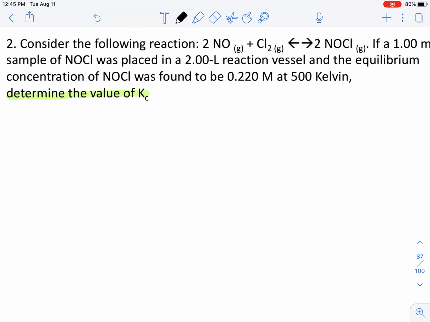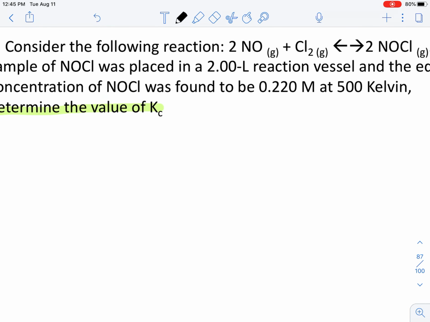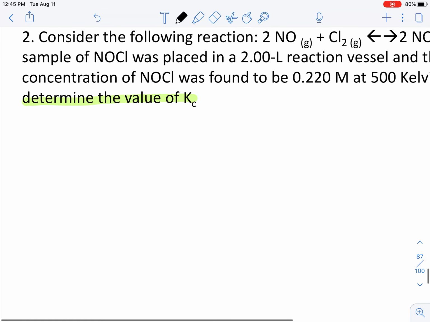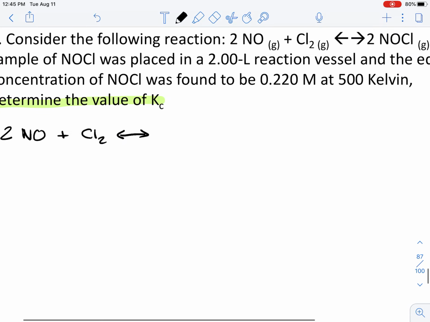Let's rewrite this chemical equation, and we're going to use it to help us organize our given values. So here we have 2 NO plus Cl2 to produce 2 NaCl.